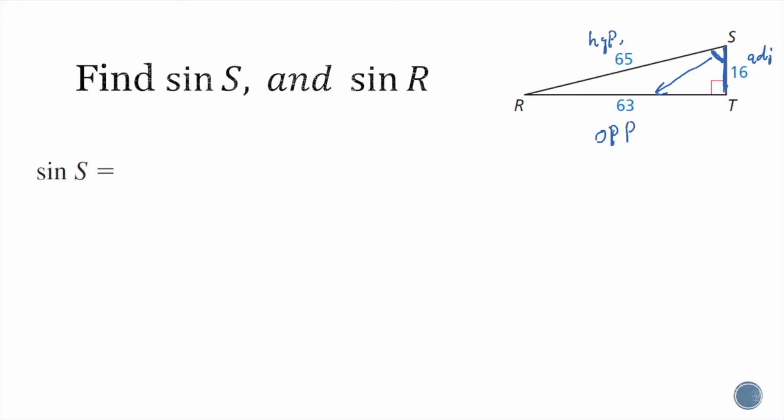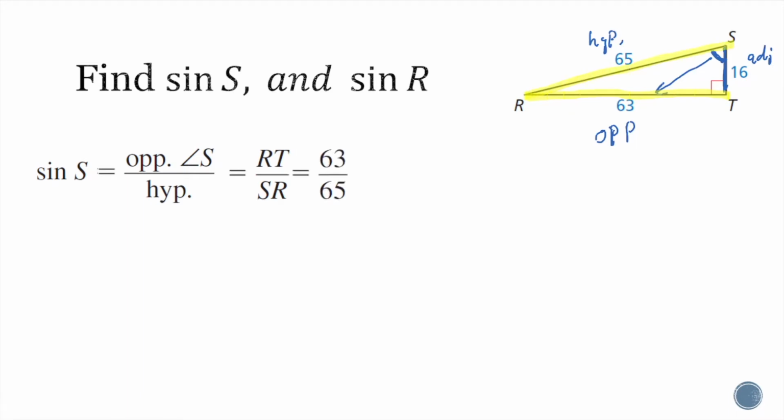So here I have sine of S is equal to the opposite of angle S divided by the hypotenuse. So the opposite side, RT divided by RS. You can see that here, RT divided by RS. These are the two values I'm concerned about. And I have 63 divided by 65.